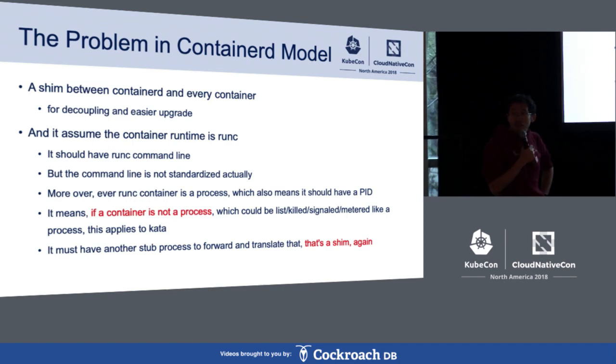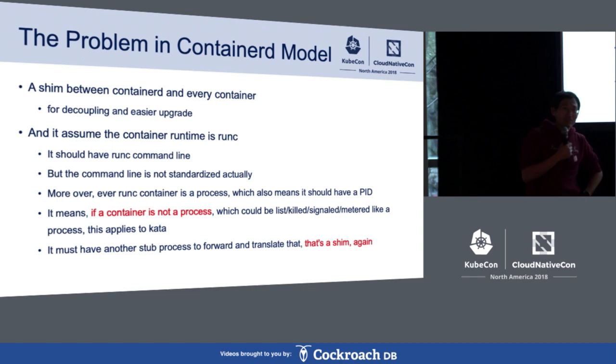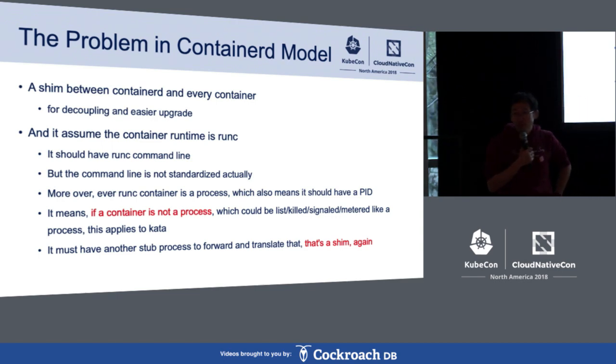I think last year, or maybe the year before, people were talking about command line standardization. But until now, the command line is not standardized, and people have given up these efforts because we have a better candidate.